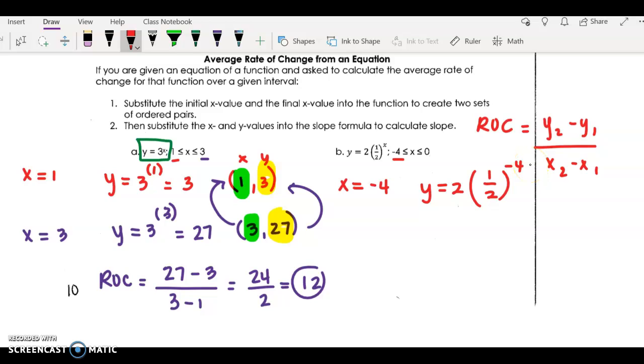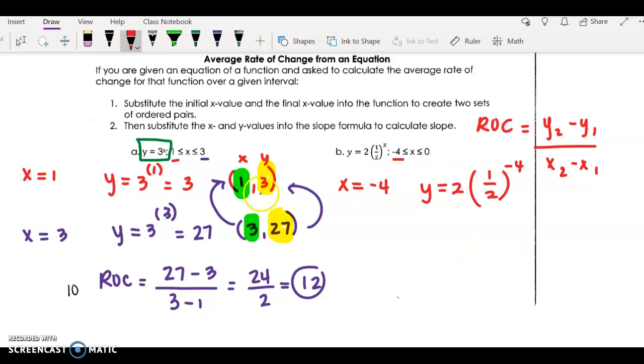You can certainly do it by hand or you can do it with your calculator. I recommend, since we haven't done a lot of practicing with negative exponents, using your calculator and substituting it into your calculator. If you don't have a calculator, here's how you would follow the order of operations.